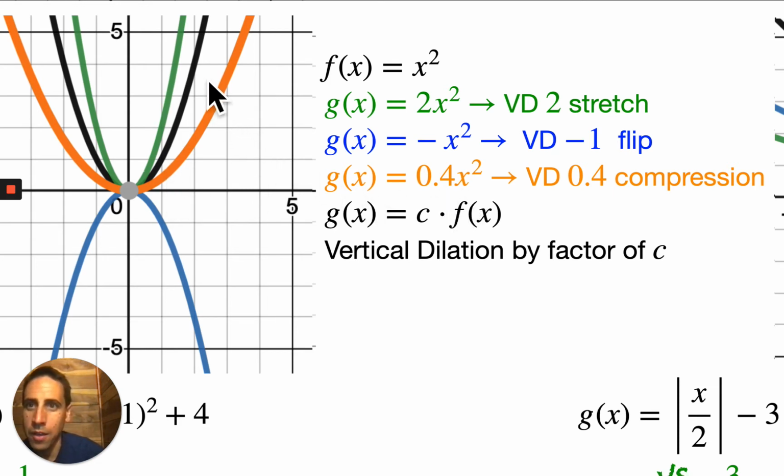Here's a y value of 4, and you multiply it by 0.4, it comes down to 1.6 down here. The vertical dilation is a compression of 0.4. So stretches, flips, and compressions, those are the three kinds of dilations. And we just say the formula would be g of x is equal to c times f of x. That means it's a vertical dilation by a factor of c.